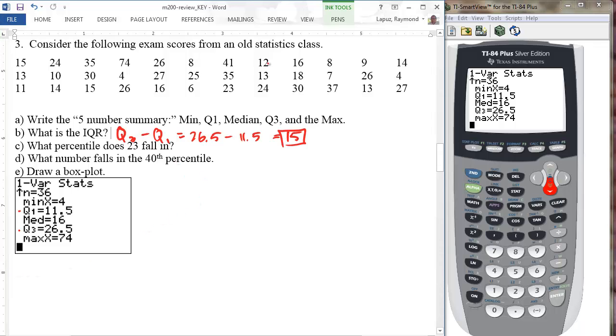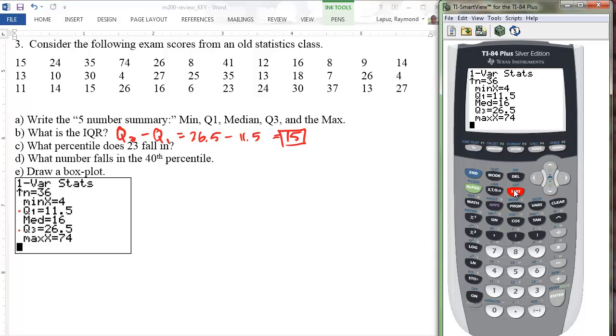But just to go over these two problems here, one important thing to be able to do is look at your data and try to put our data in order. So I'll do that by going to second function and list, and under OPS we're going to sort in ascending order.